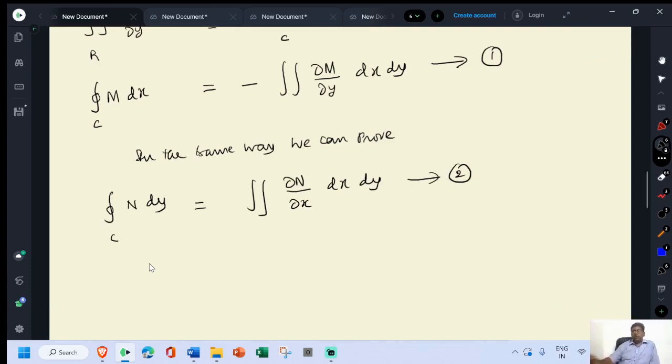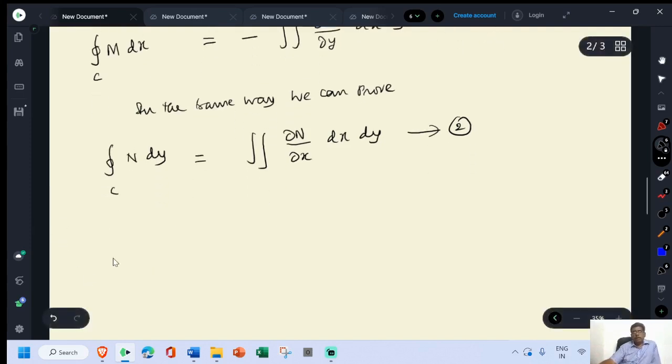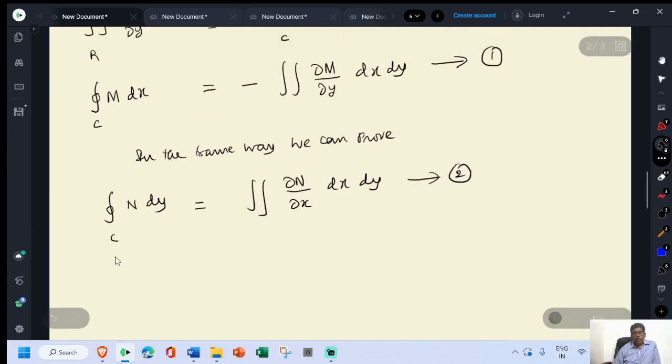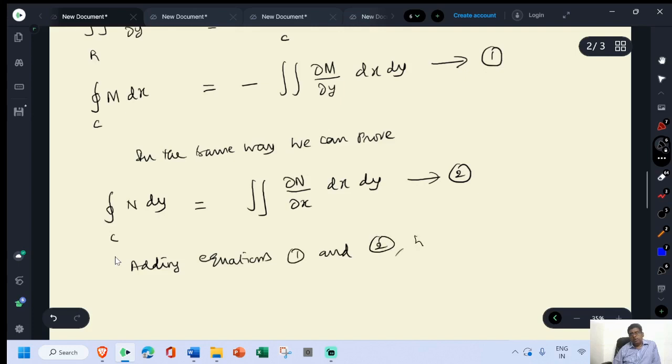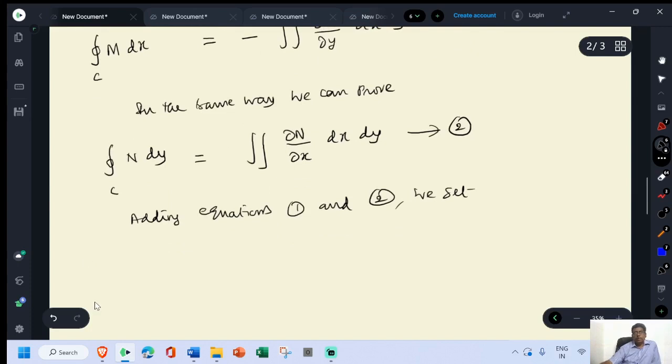Now add these two cases. From adding equations 1 and 2, we get, on the left hand side, M dx plus N dy.